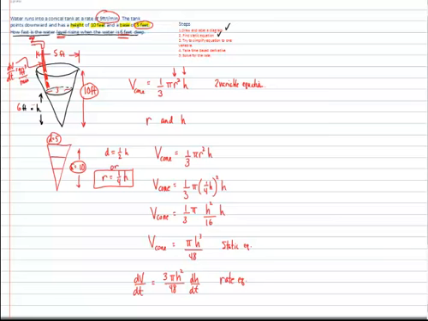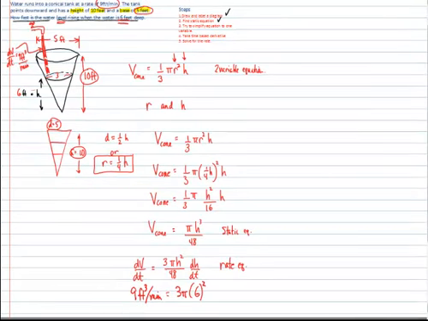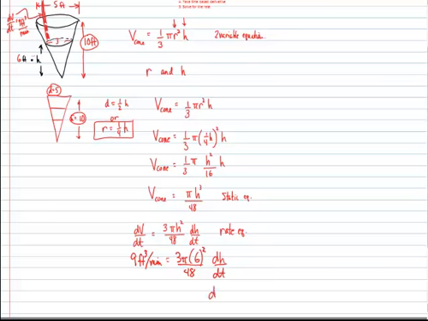So we know our dV/dt was 9 feet cubed per minute. We know that we had 3 pi. The height was 6, so I'm going to square that. That's over 48 times dh/dt.